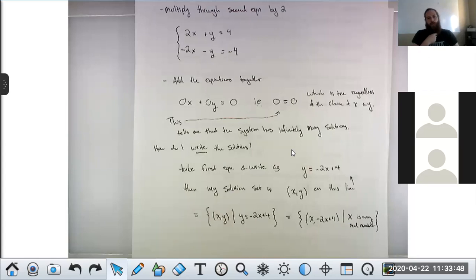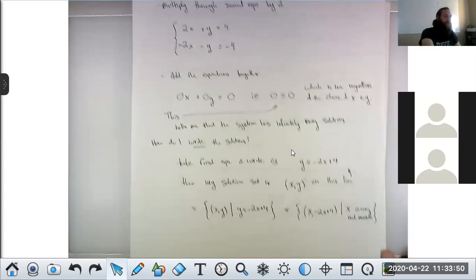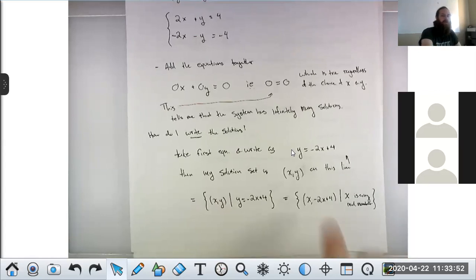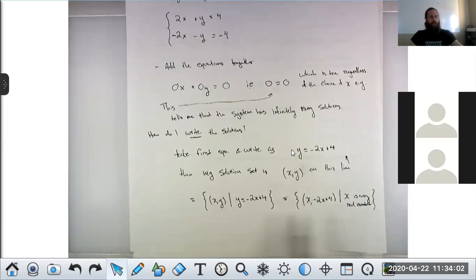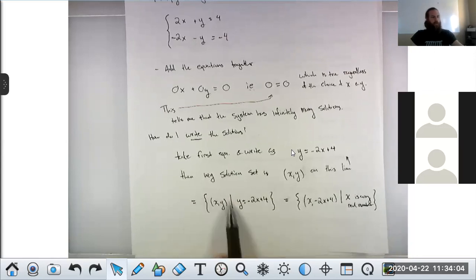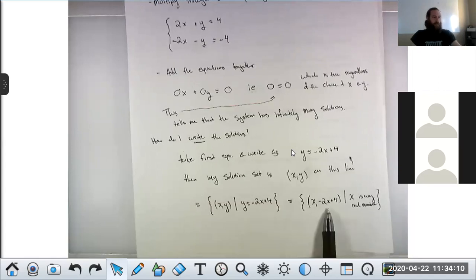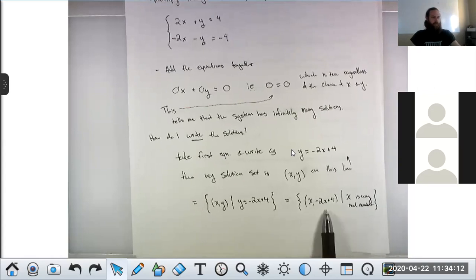I would accept either on a test, but in my math lab, you need to be prepared to look for solution sets that look like this. You understand why we're looking at solution sets that look like this? Why these two are the same? This is all ordered pairs x, y, where y is equal to negative 2x plus 4. So here I've just replaced y by what it is, negative 2x plus 4, and let the reader know that this works for any real number x.